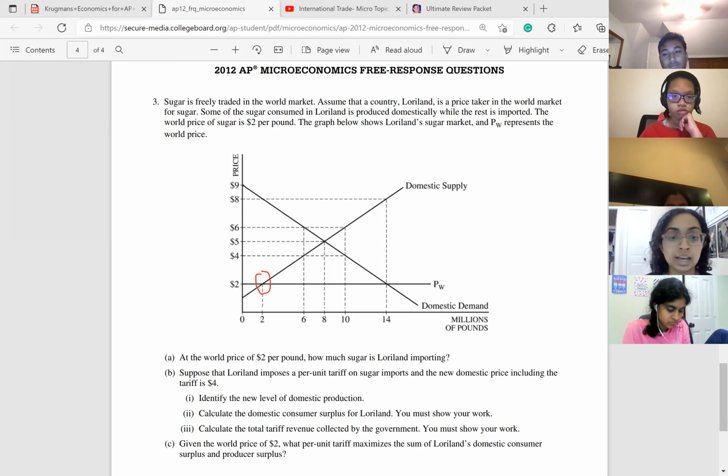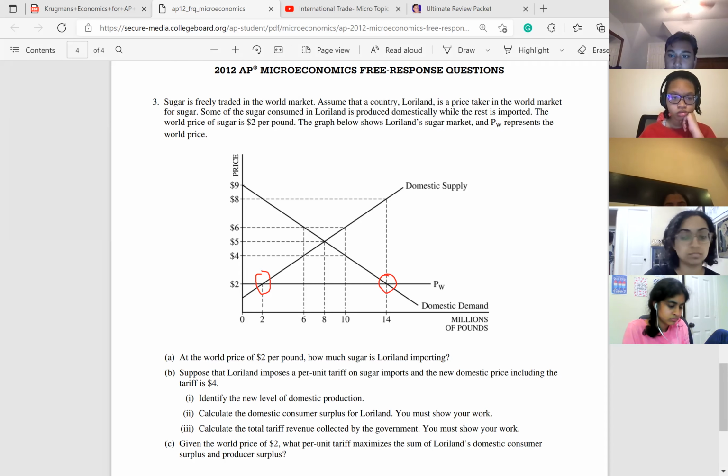That means Loriland can only supply 2 million pounds of sugar themselves. But domestic demand is 14 million pounds, because that's where the world price line intersects the domestic demand line. So Loriland has to make up the difference. So they're importing 12 million pounds of sugar.